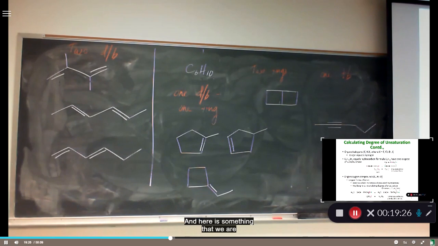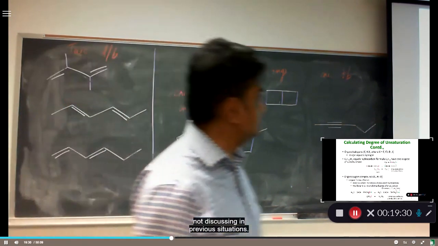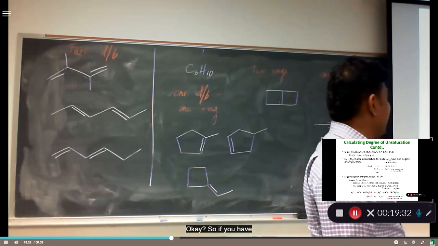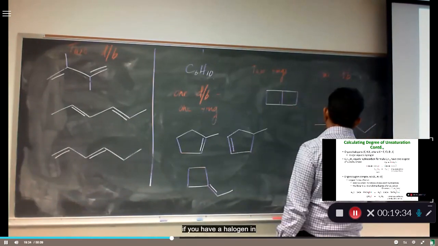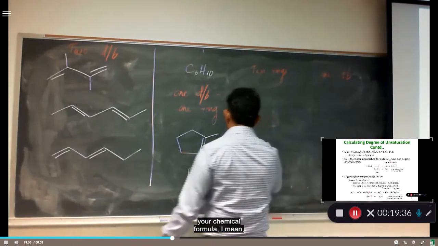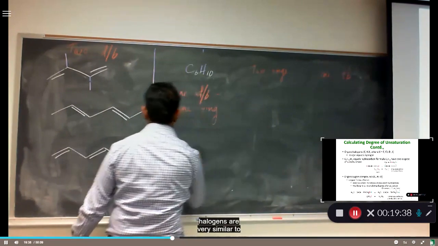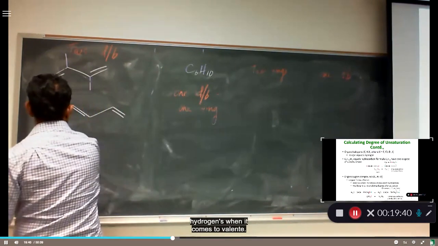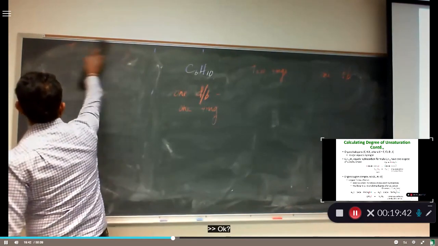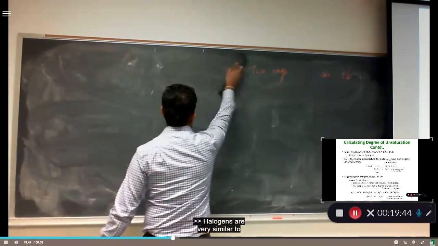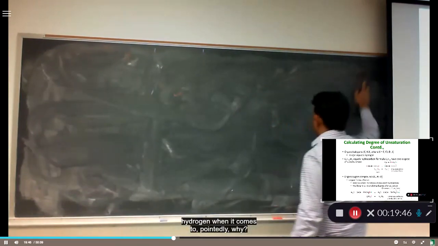And here is something that we did not discuss in previous situations. If you have a halogen in your chemical formula, halogens are very similar to hydrogens when it comes to bonding. Why?